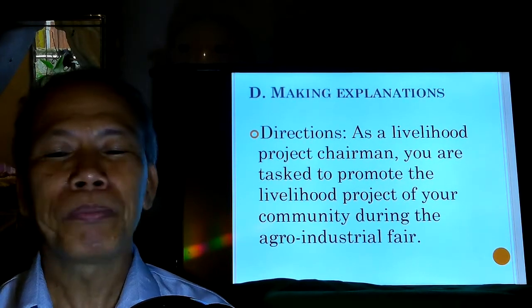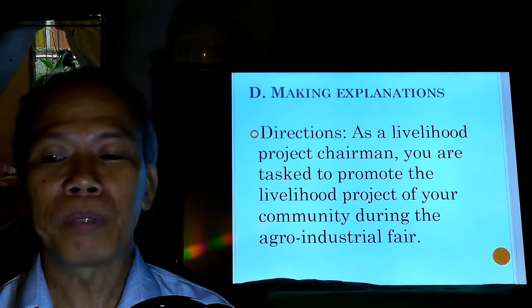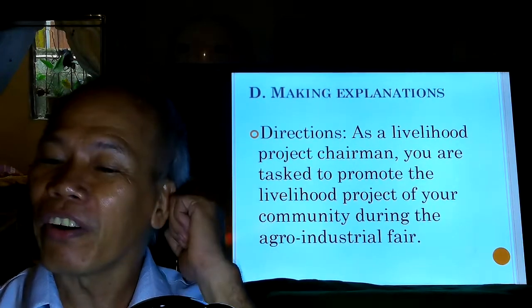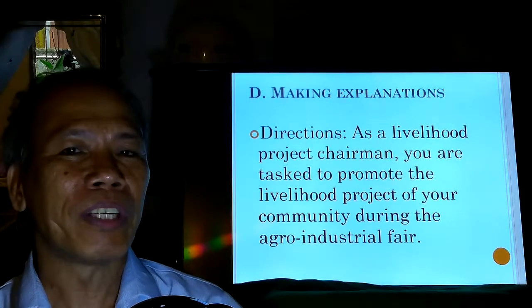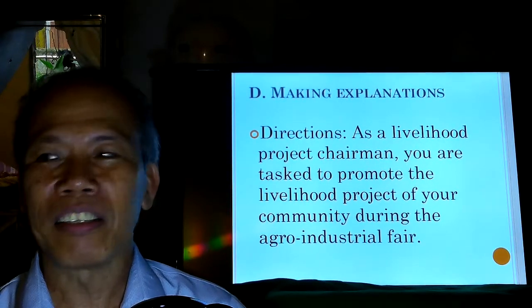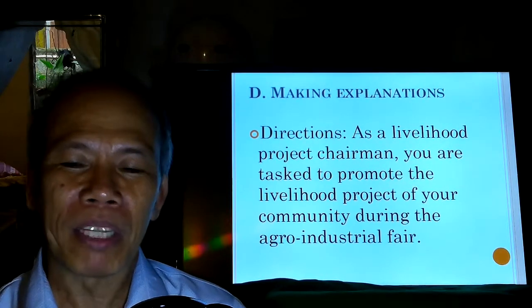Directions. As a livelihood project chairman, you are tasked to promote the livelihood project of your community during the agro-industrial fair. We're not doing that in our class already in a school, but agro-industrial fairs are celebrated in many places.